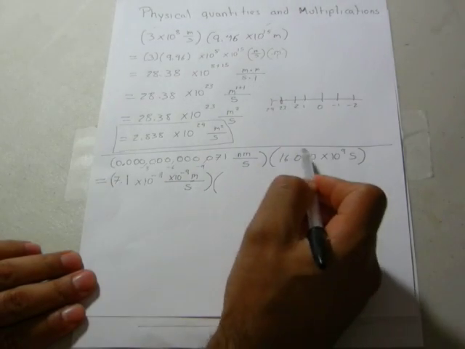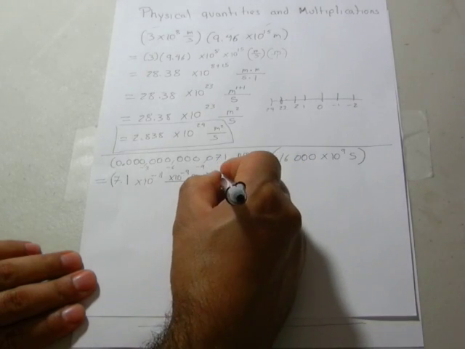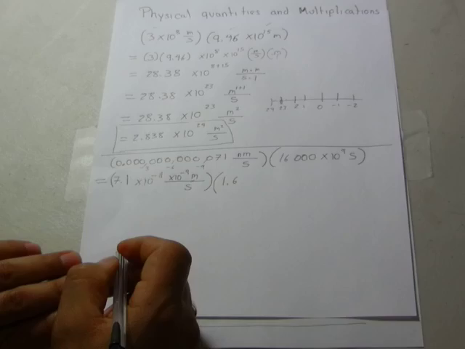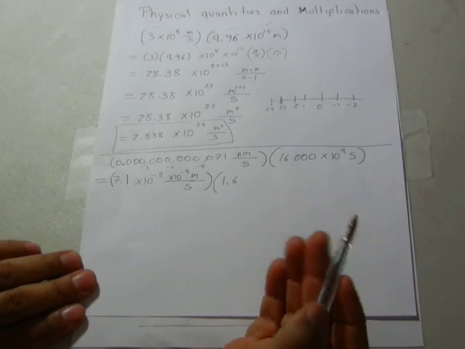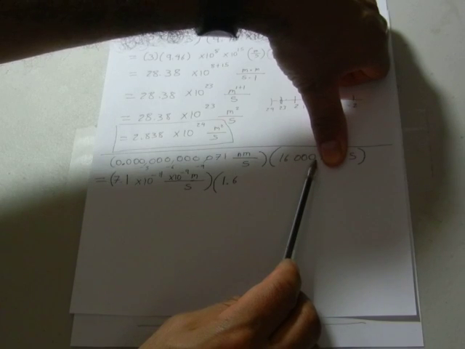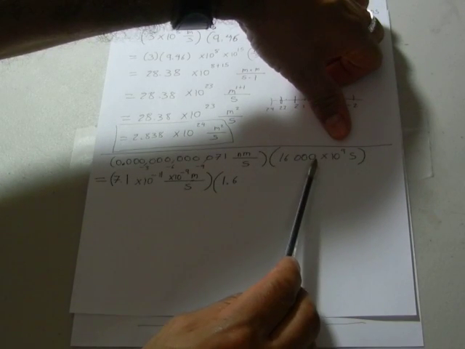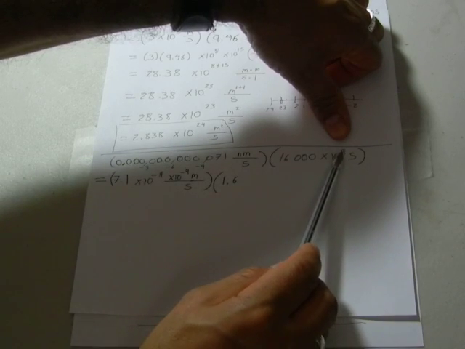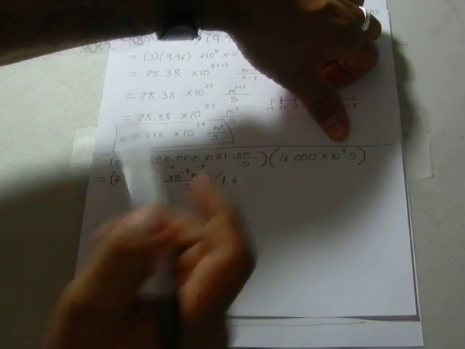Okay, what about the other term? We have a lot of zeros. Let's try to express in scientific notation again. 1.6, and it's going to be up to you if you want to start from 0 here or counting from 9 here. Now, only to change, I'm going to start using 9 here for my decimal point.